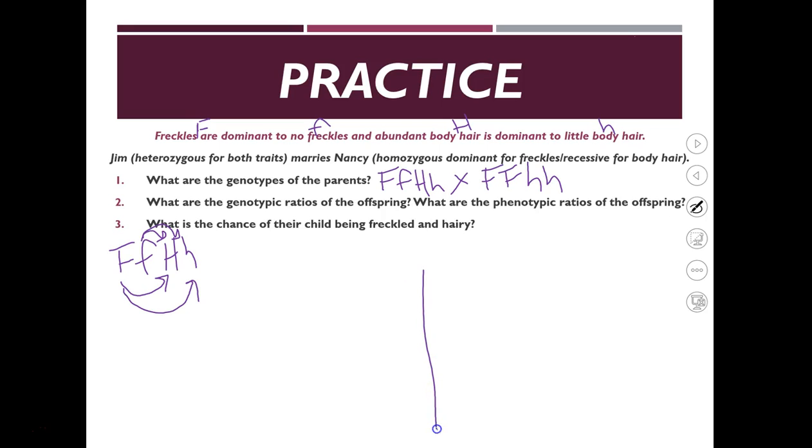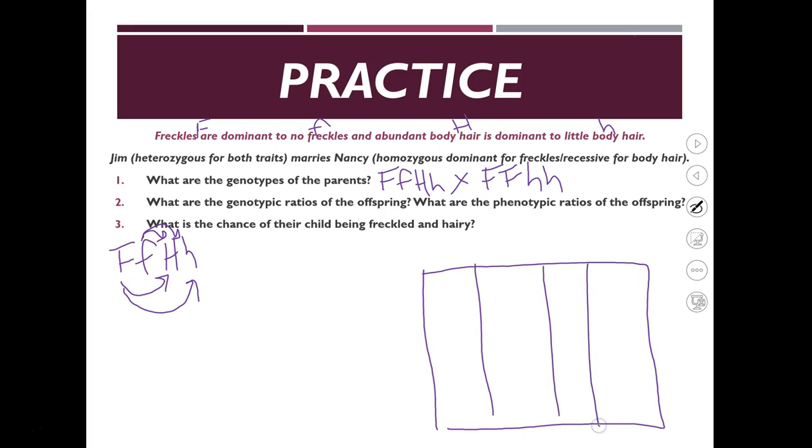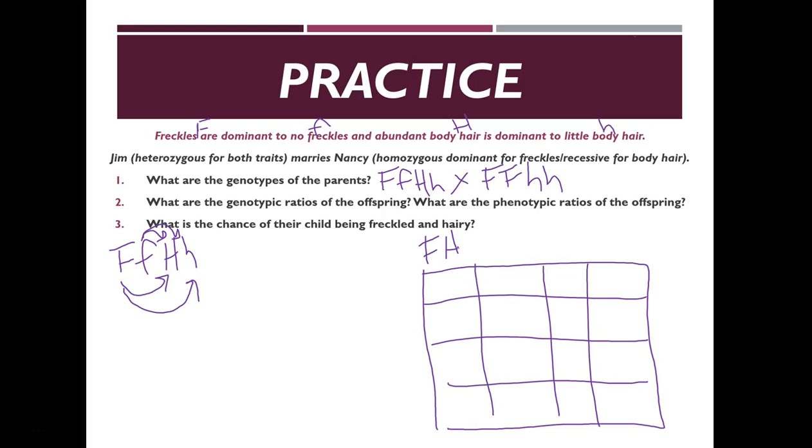So let's make our Punnett square. And bear with me, this might be kind of tricky to write in these little boxes I'm about to draw here. All right, so Jim is going to be big F, big H, okay? Then he's also going to have big F, little h, little f, big H, and little f, little h. Now, Nancy only has 2 options, not even 2, just 1, because she has 2 capital F's and 2 lowercase h's.